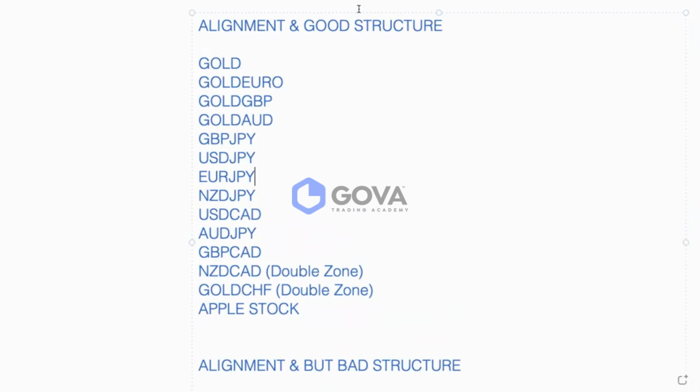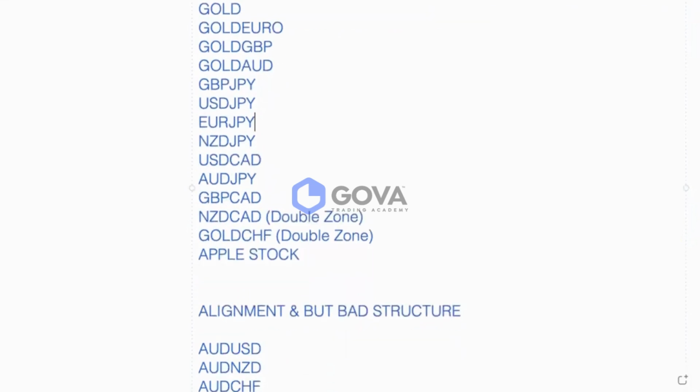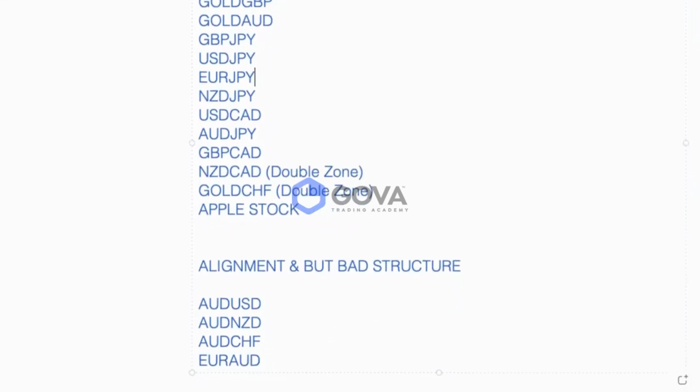So the upper pairs are the ones that are good, but the lower pairs here are the ones that are bad. AUD, USD, AUD, NZD, AUD, CHF, AUD, Euro AUD, okay?